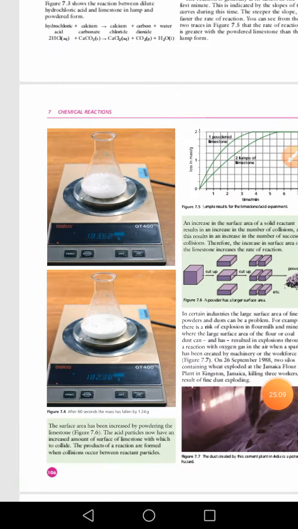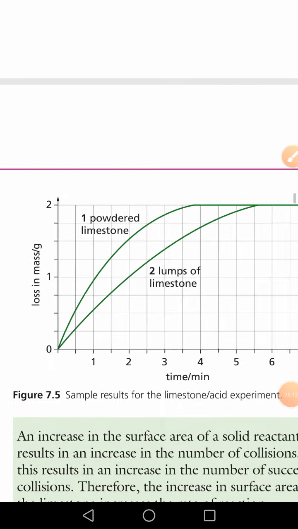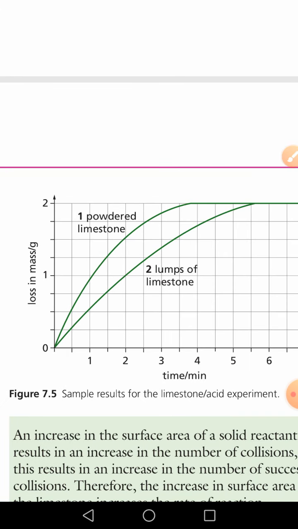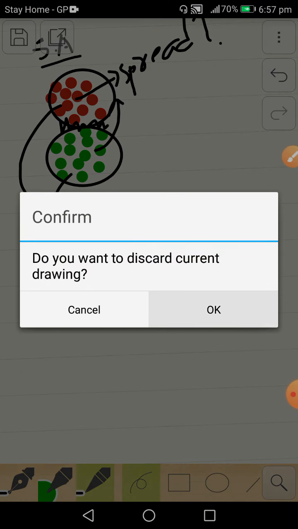Okay, now let me make this straight. Look here. First, let me go for some illustrations.